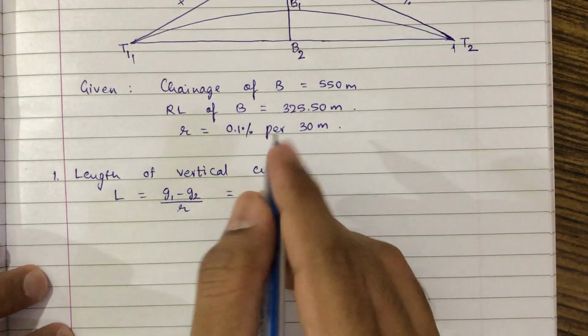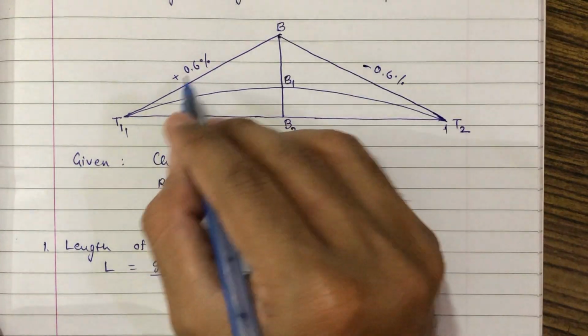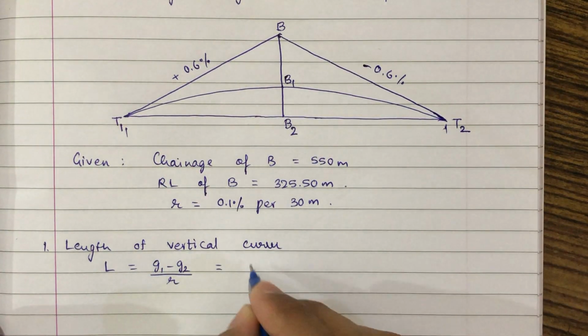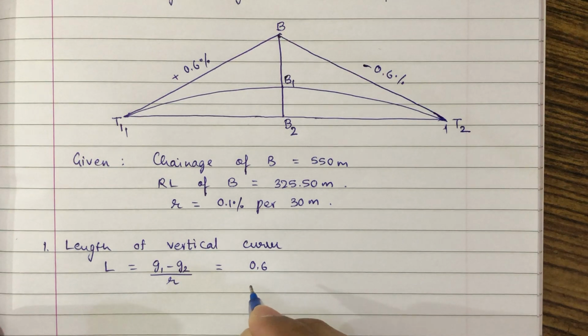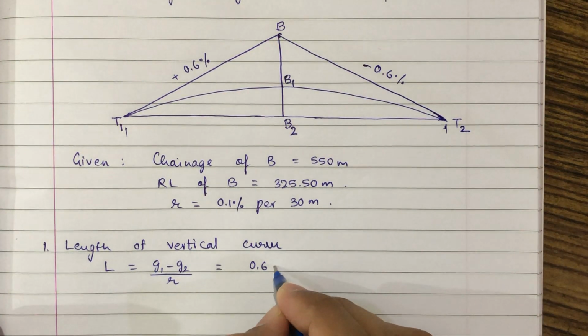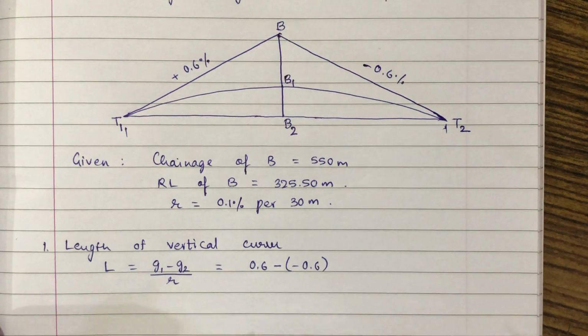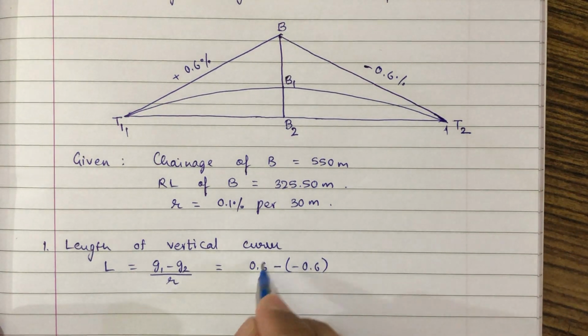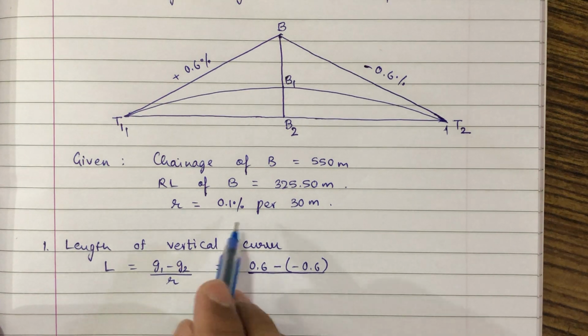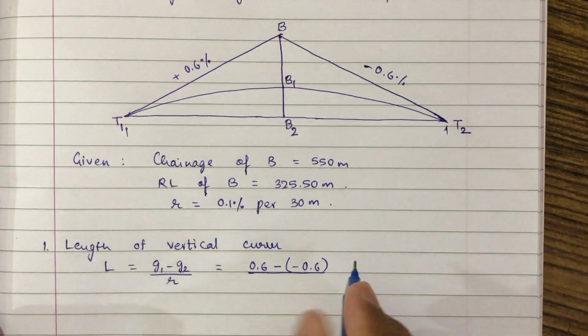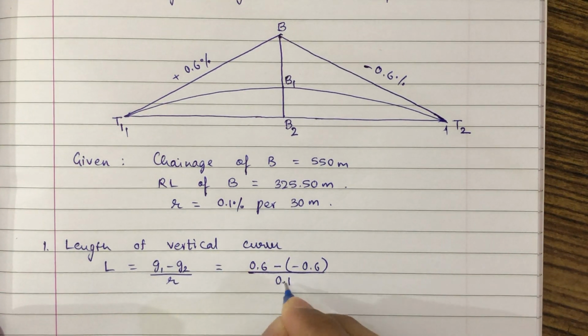Here G1 is this grade, that is plus 0.6, and G2 is this grade, so this will be minus of minus 0.6, and R is given as 0.1% per 30 meter.